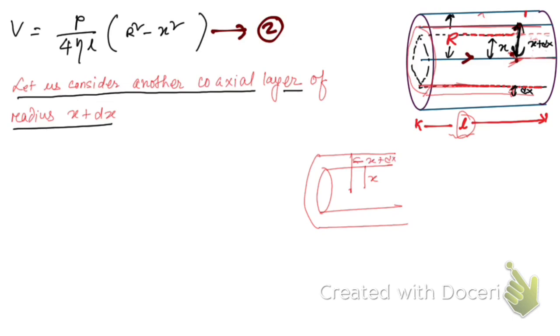Now you see, the area of cross section between the two layers, this part.